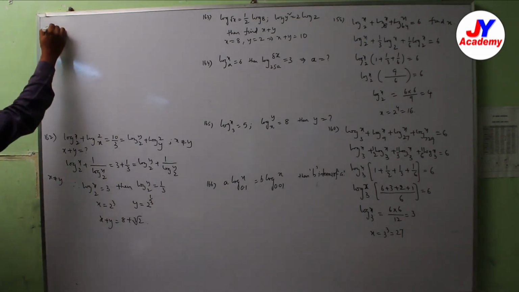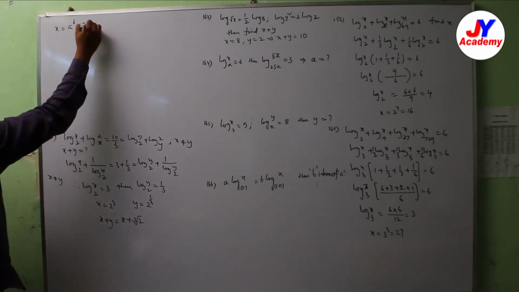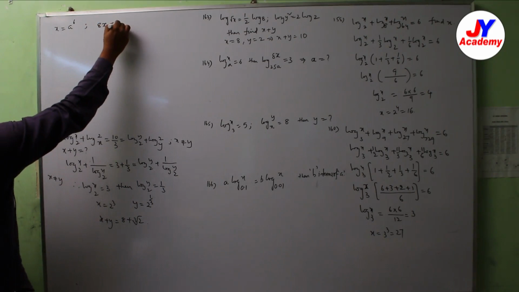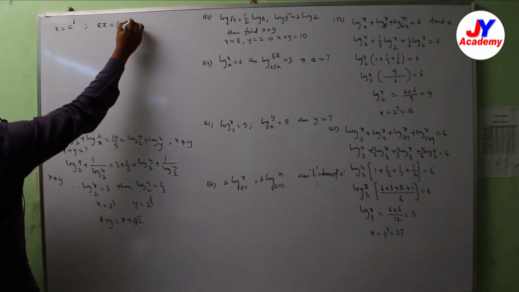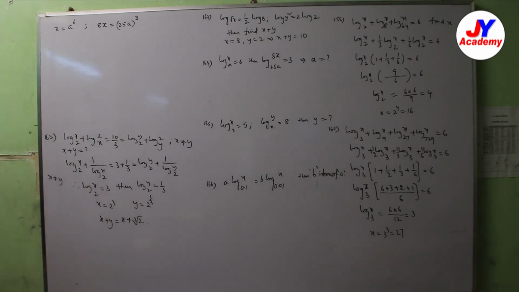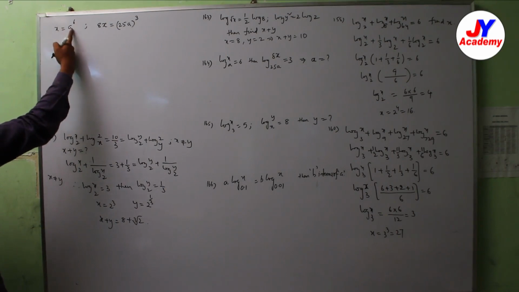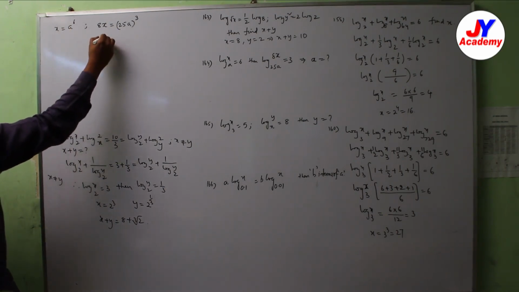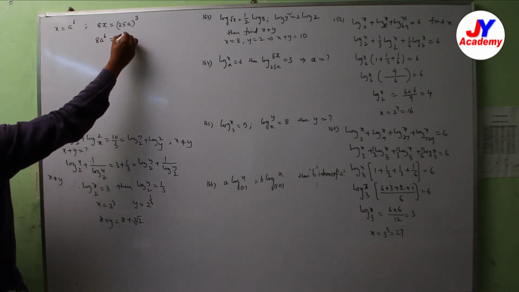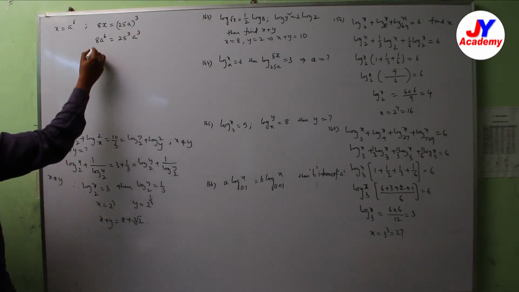So here x is equal to a power 6. Here 8x is equal to 25a whole power 3. Now in the place of x, what can we take? a power 6. So 8a power 6 is equal to 25 cube a power 3.